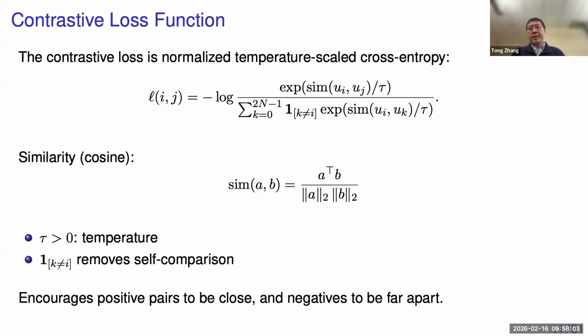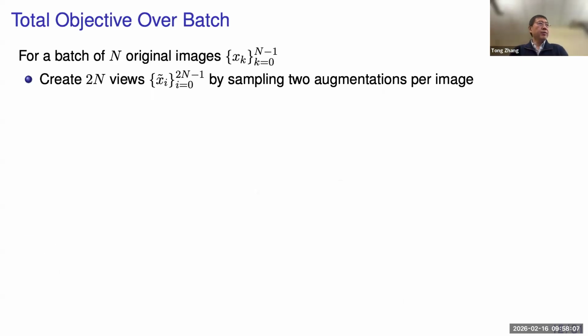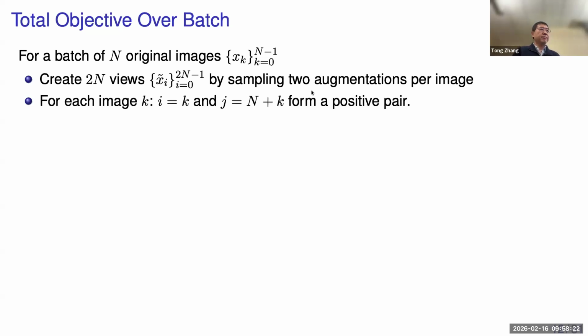Okay, so this is the contrastive loss, the total objective over the batch. This is basically a reinterpretation of the previous view, just to make it more concrete. You have 2n views sampled from this, with 2 augmented views per image.